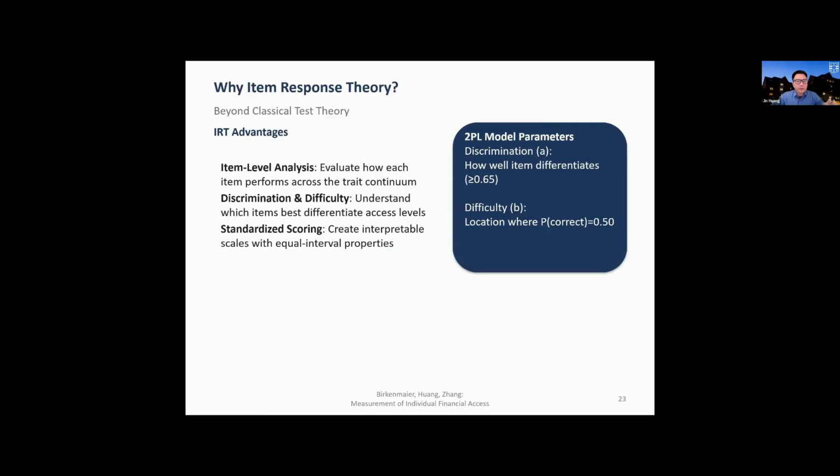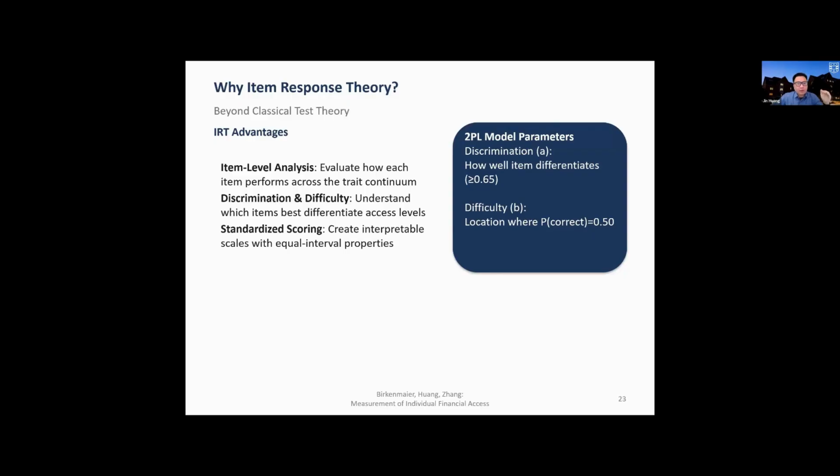Okay, so to understand our results, we have to look at 2 parameters that define each item in this financial access scale: difficulty and discrimination. First, let's talk about difficulty. Think of difficulty as a hurdle. It identifies where on the ladder of financial access an item is located. So difficulty tells us the rank of each measurement item along this sequence of financial access.